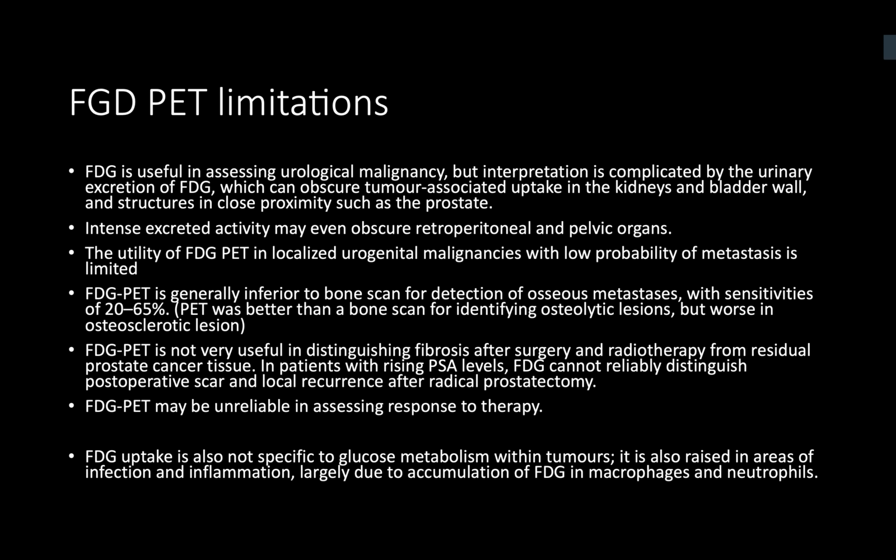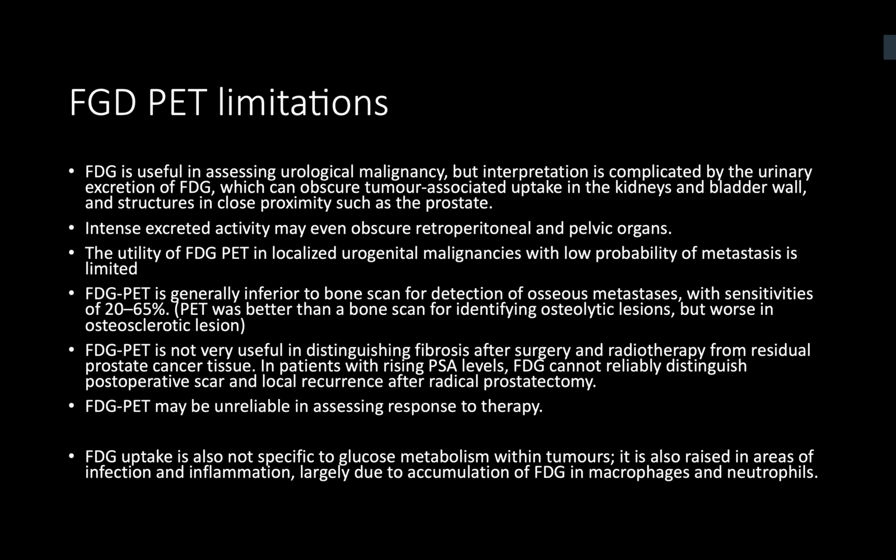But FDG has limitations in prostate cancer. The main reason is there is good uptake by the kidneys and the bladder wall. Because the bladder is very near to the prostate, it can cause false positive images, or it is very difficult to discern the positive areas when there is more activity in the urinary tract.